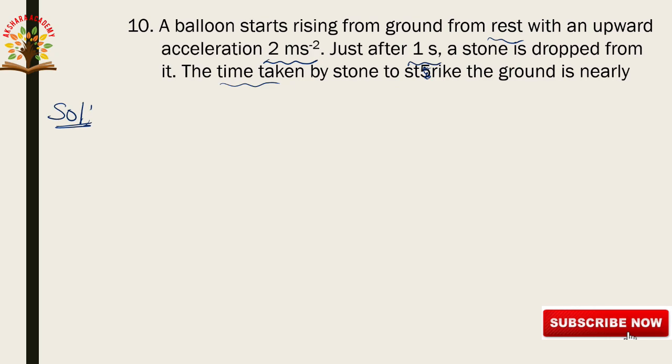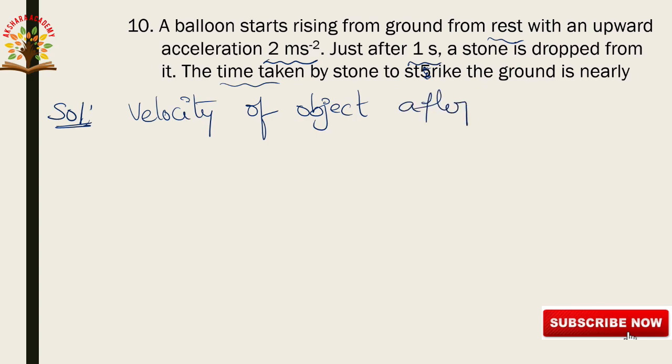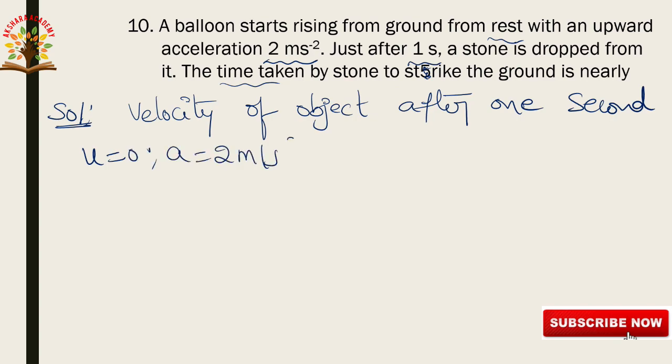First we calculate the velocity of the object after 1 second. It starts from rest, so u equals 0, and a is given as 2 meters per second square.